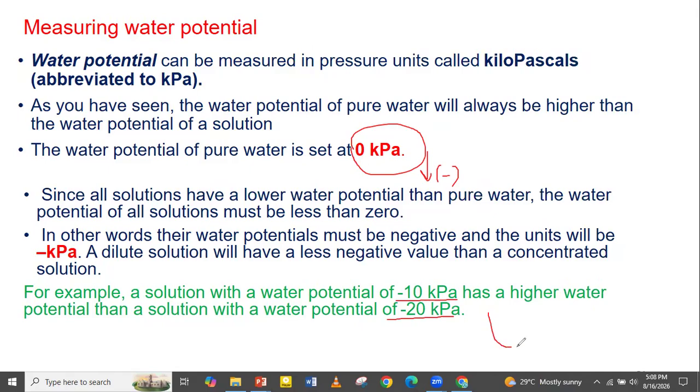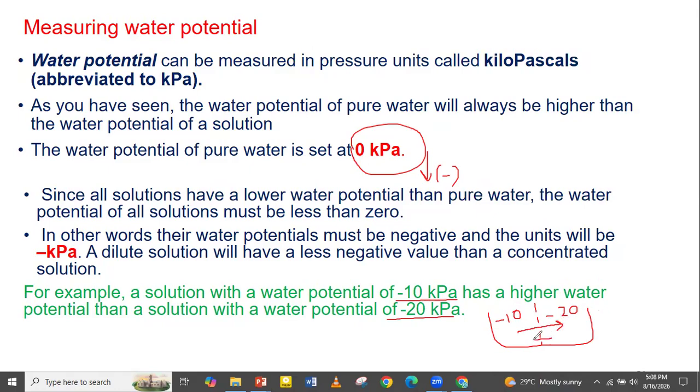If both solutions are placed in a trough and separated by a partially permeable membrane, the one of negative 10 kPa and the one of negative 20, we'll expect net movement of water from the one of negative 10 to the one of negative 20.